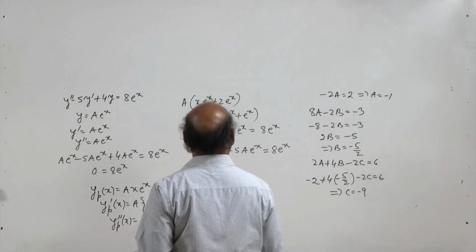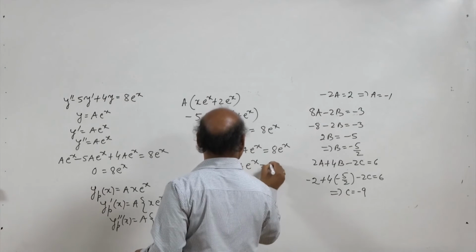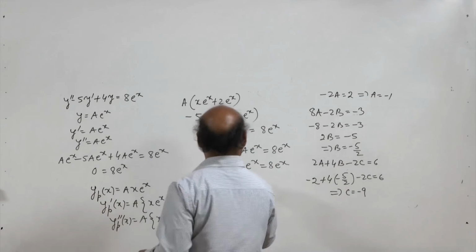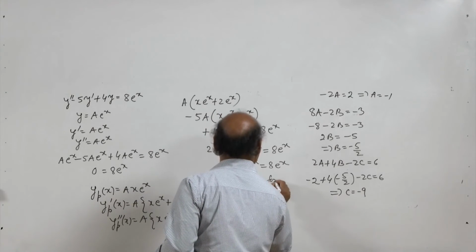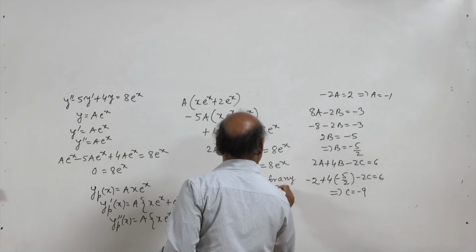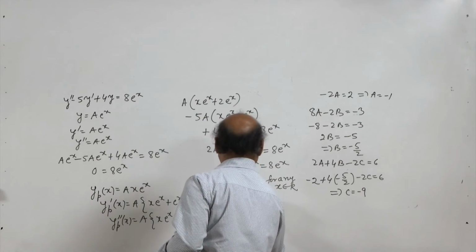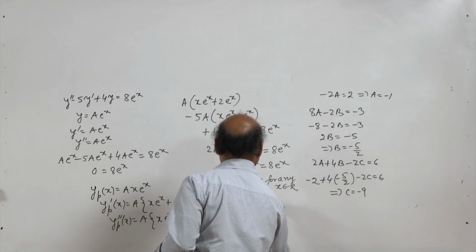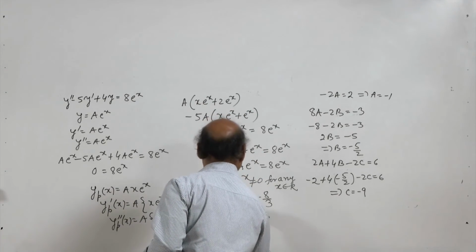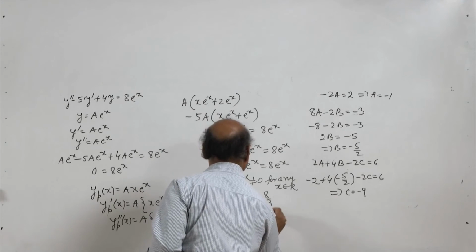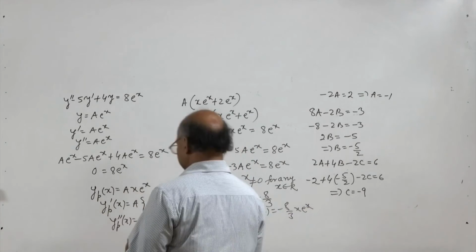So, we get minus 3a e to the power x equal to 8 e to the power x. e to the power x is never 0 for any x. So, we can divide by e to the power x and we get the value of a as minus 8 by 3, and thus y_p(x) we get as minus 8 by 3 x e to the power x.